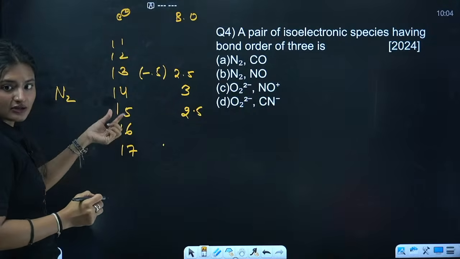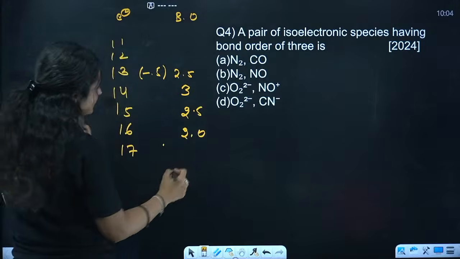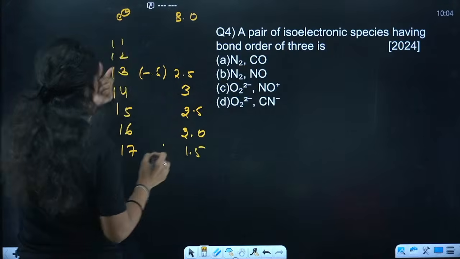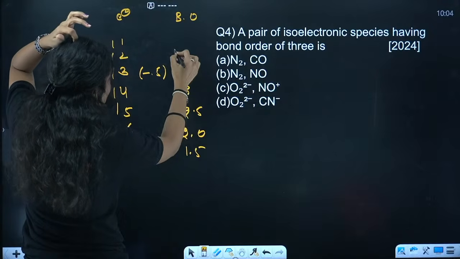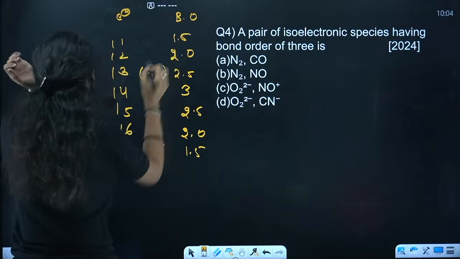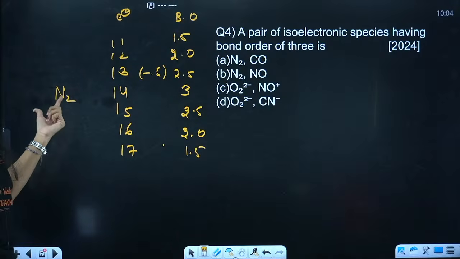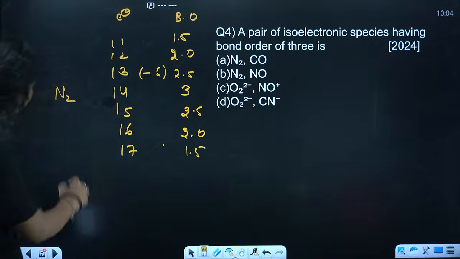Then again, 1 electron increased, the bond order will be 2.0. 17 electrons, bond order is 1.5. Similarly, if you go below 14, at 12 electrons the bond order will be 2, and 11 electrons, 1.5. So some examples we have are N2, right? N2. Then we have NO.